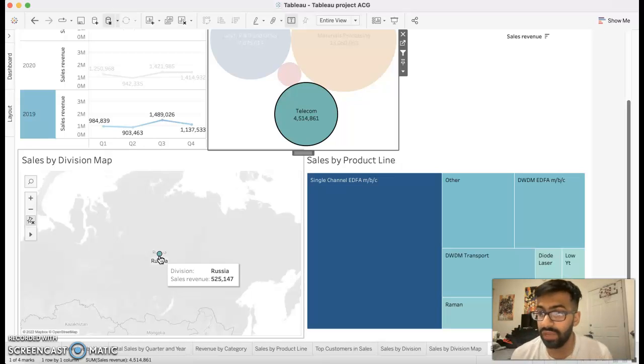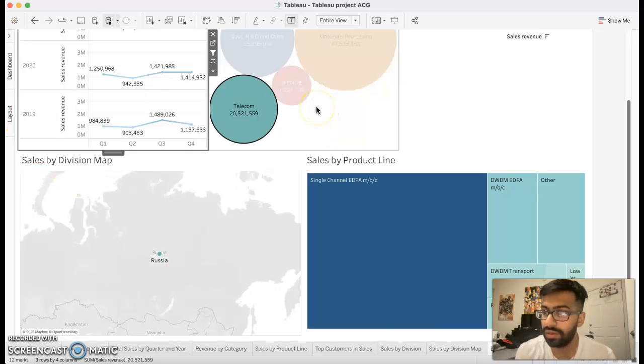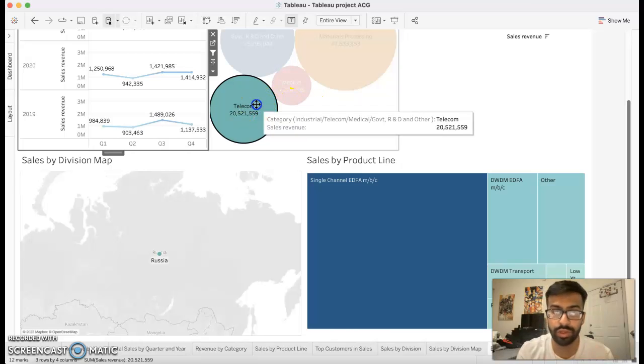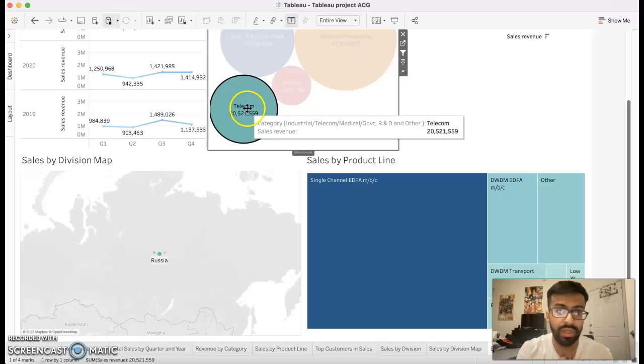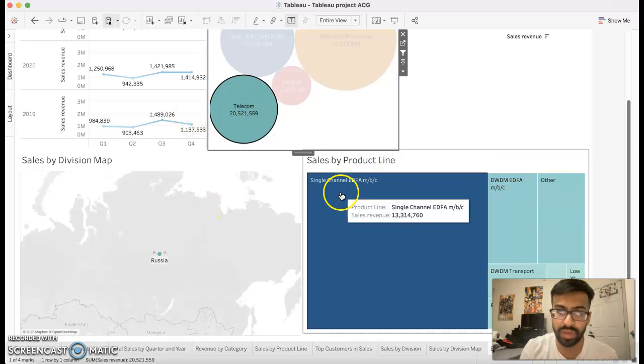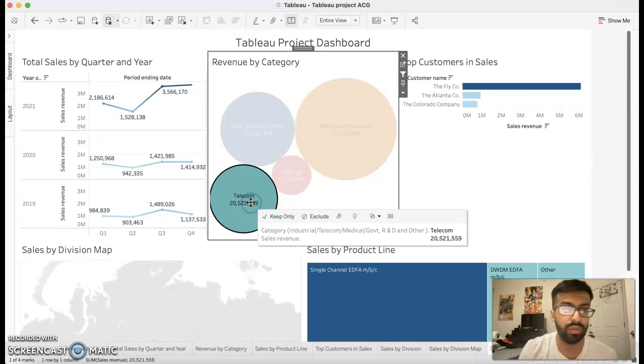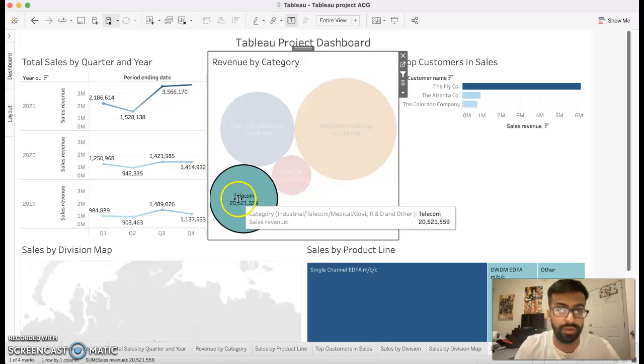So, if you were my boss, what I think you should be more concerned about would be the sales revenue in terms of year. So what I mean by that is I would want you to look at the total sales by quarter and year chart.